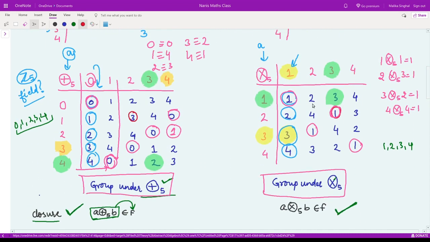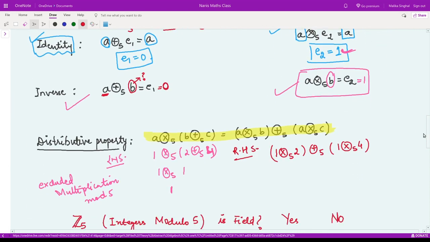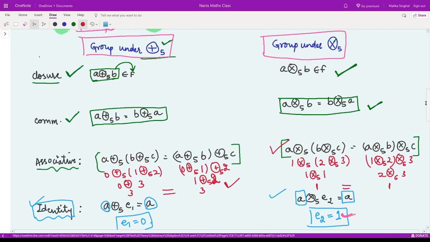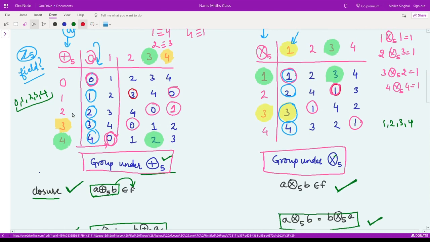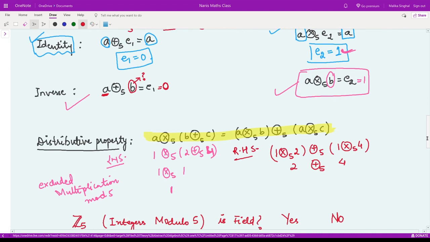So 1 mod 2 is 2 and 1 mod 4 is 4, right? So we have 2 here and we have 4 here. So we'll check 2 mod 4 in the addition table, right? So 2 mod 4 in the addition table is again equal to 1. So this 1 is equal to 1.